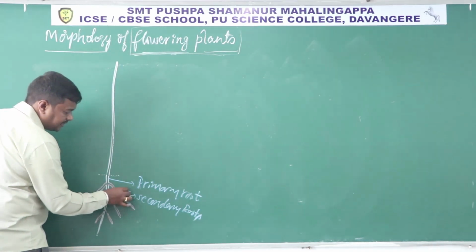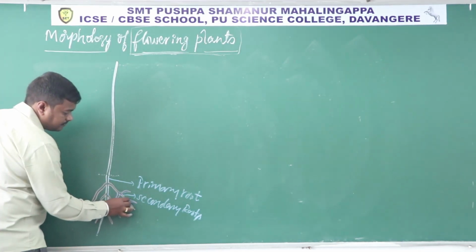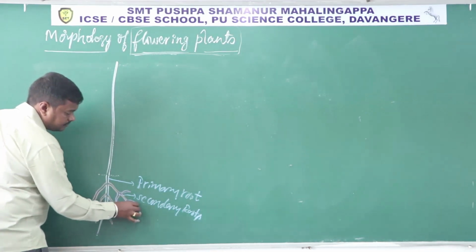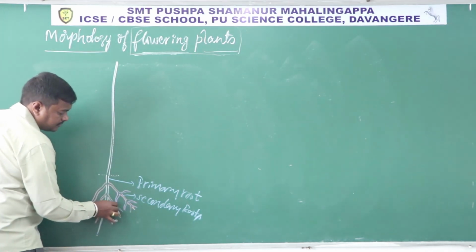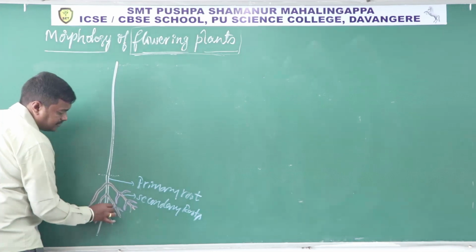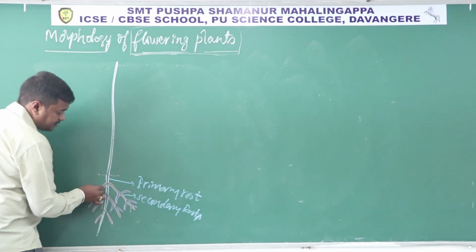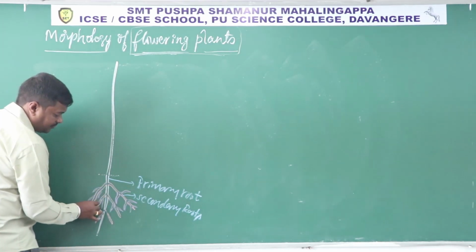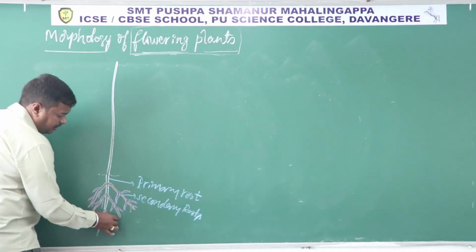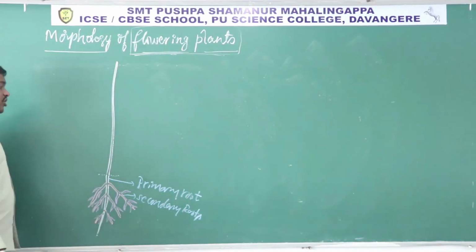Again there is branching. So this branching is termed as, look, now those that come from the primary are secondary roots. These roots originate from secondary roots, so they are termed as tertiary roots.